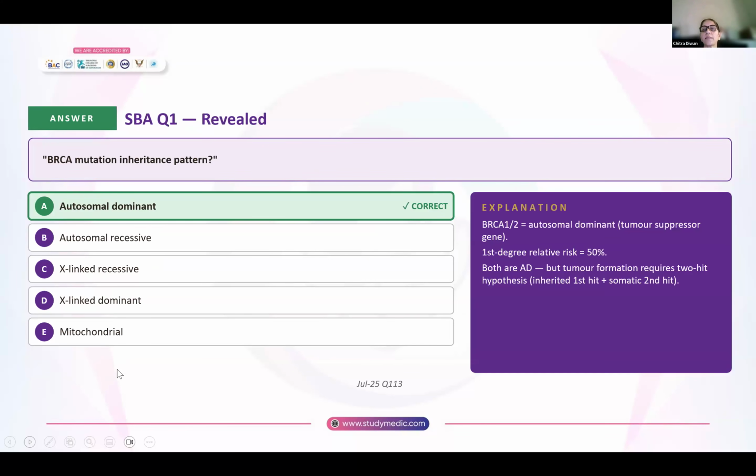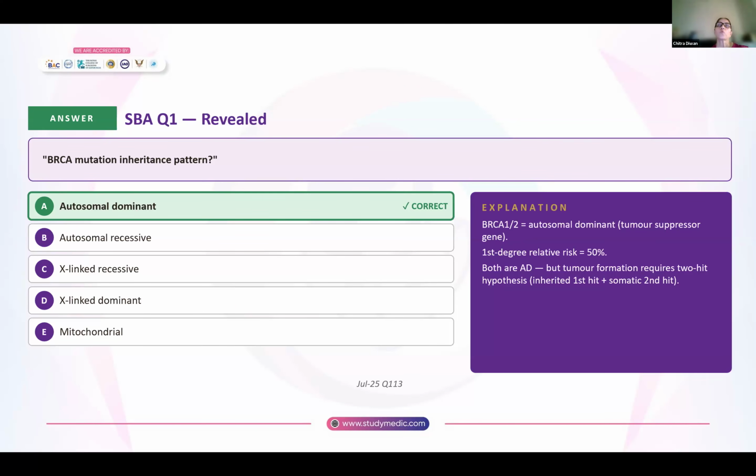but you need to have the first hit and the second hit. That is why, whenever you have the BRCA mutation, we know those people are at a high risk of ovarian and breast cancers. Now, Knudson's hypothesis says there is a first hit and a second hit.